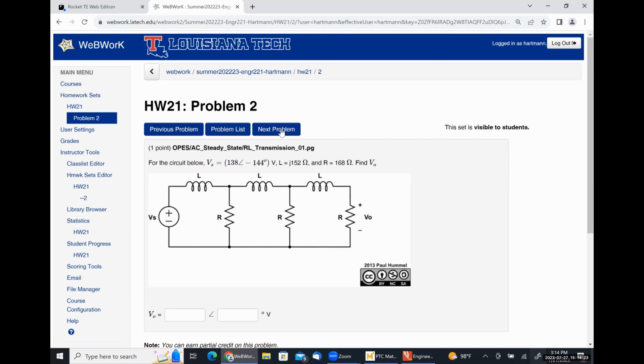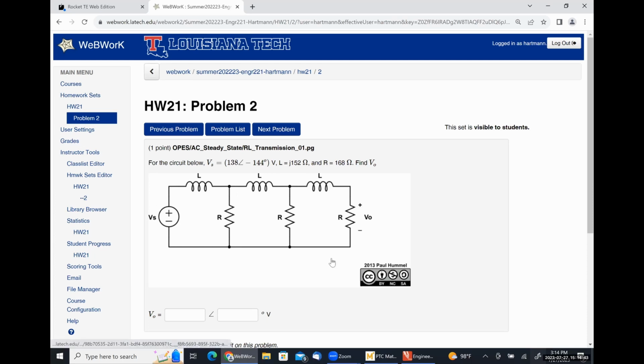This is one of the problems that I was mentioning. Using nodal analysis or mesh analysis isn't necessary for this problem, but it will be much less tedious than effectively using voltage division 3 times.